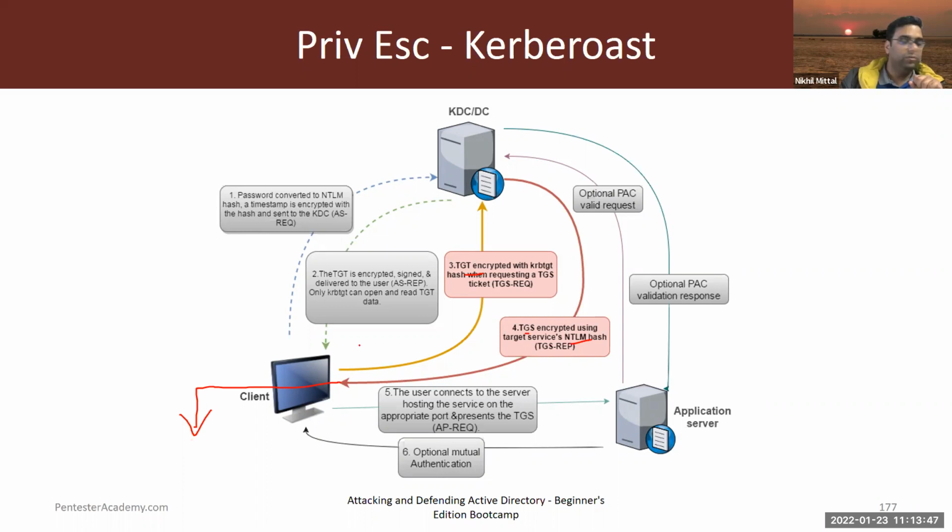You request a TGS that has a part of it encrypted using RC4, that is NTLM. NTLM uses RC4 encryption because RC4 is easier to brute force. We can then do that.